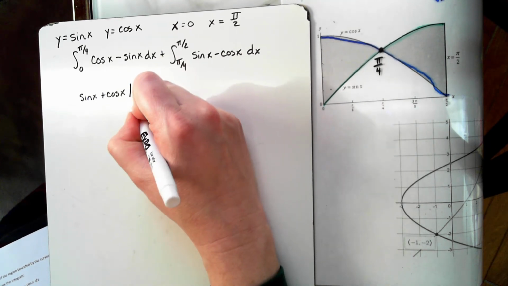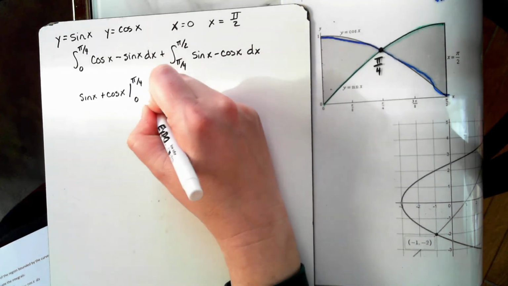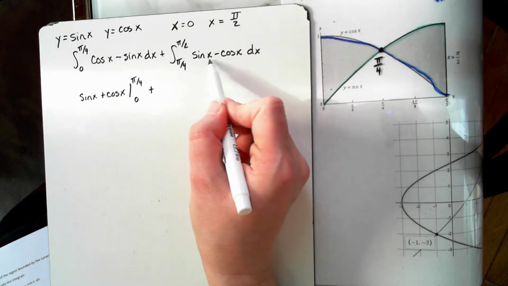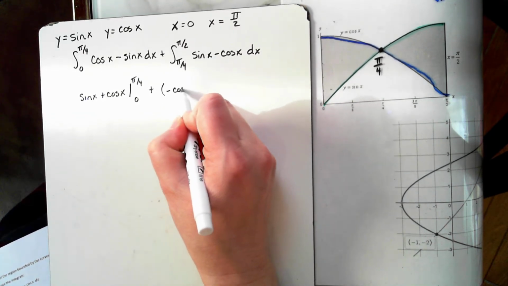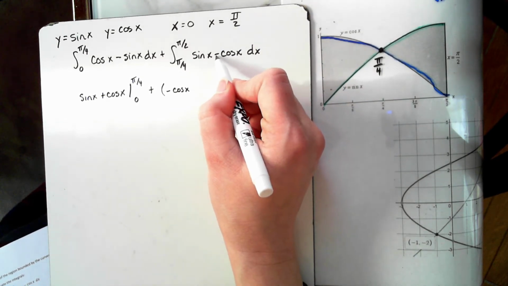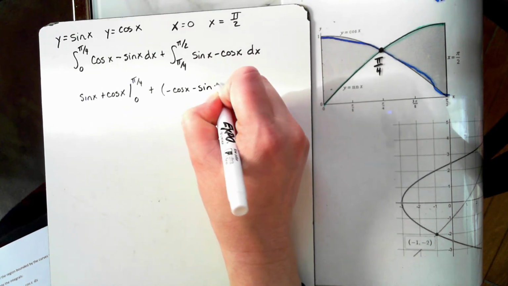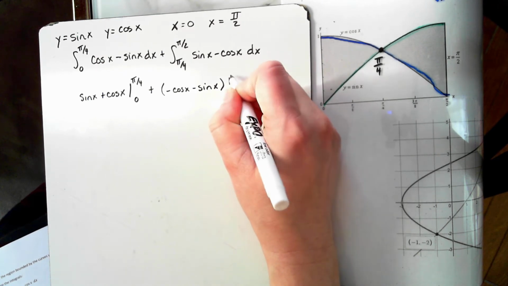And this has to be evaluated from 0 to pi over 4. Okay, and then I'm going to add. Now I needed the integral of this, so the antiderivative of sine is negative cosine x, and then the antiderivative of negative cosine x is minus sine x. And this is evaluated from pi over 4 to pi over 2.